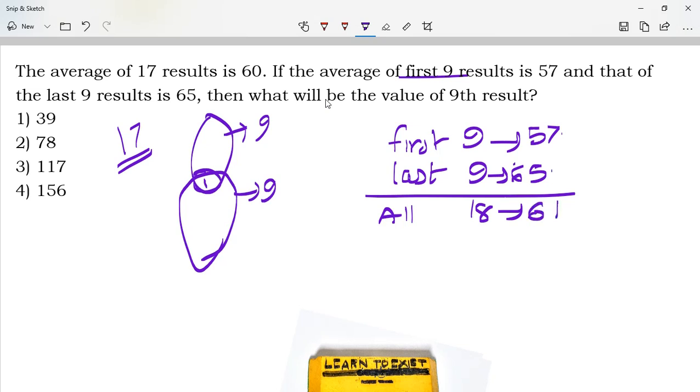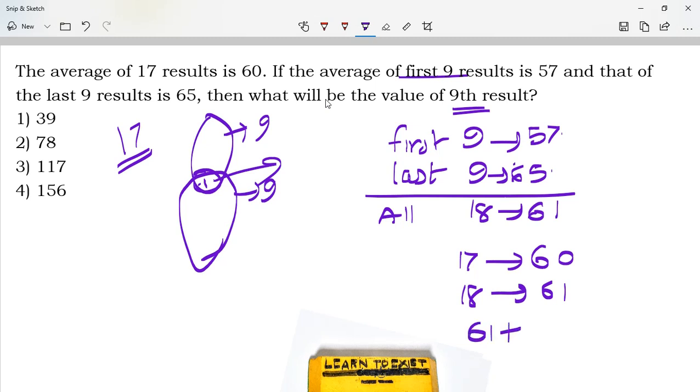Okay, but there aren't actually 18 numbers, there are only 17 numbers, but the 9th number is the middle one. So when it was 17 numbers, the average was 60, and when it is 18 numbers, the average is 61. So we can find the 9th number, the actual 9th result.